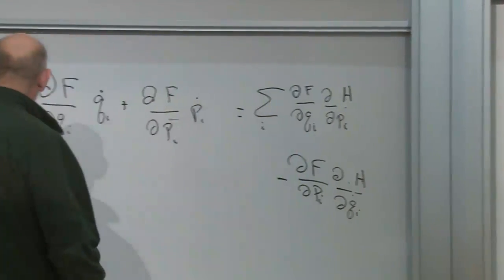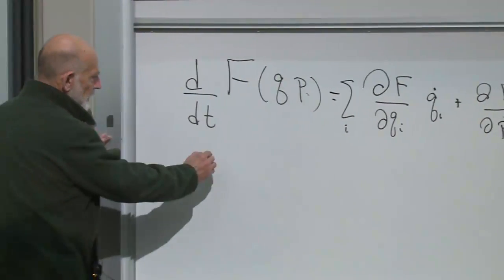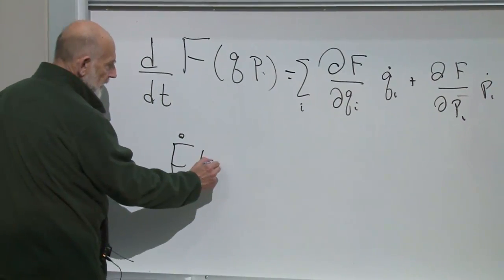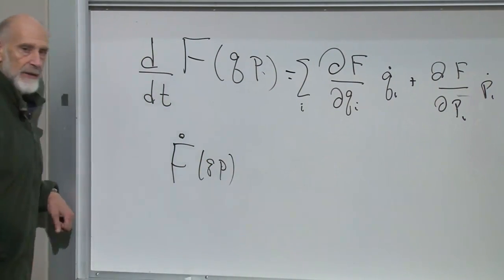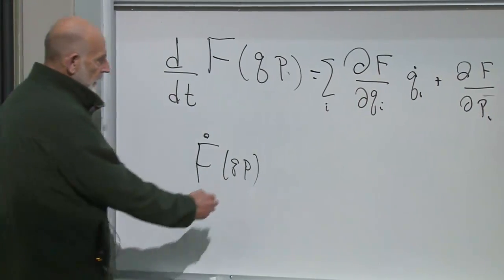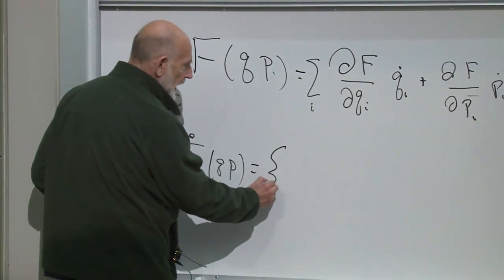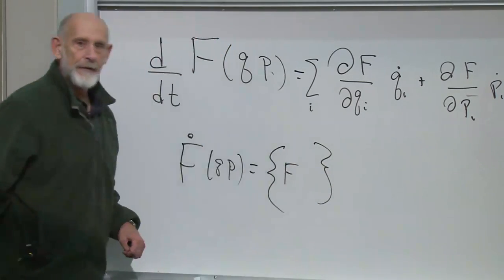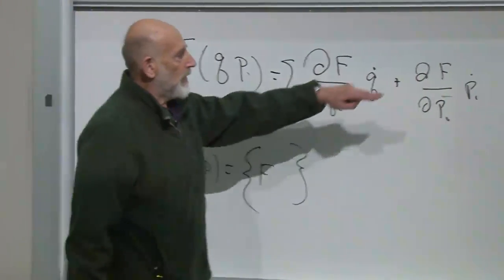We have a new formulation of mechanics in which the time derivative of anything, it could be q, it could be p, it could be anything, is given by the Poisson bracket of F with what? With the Hamiltonian.